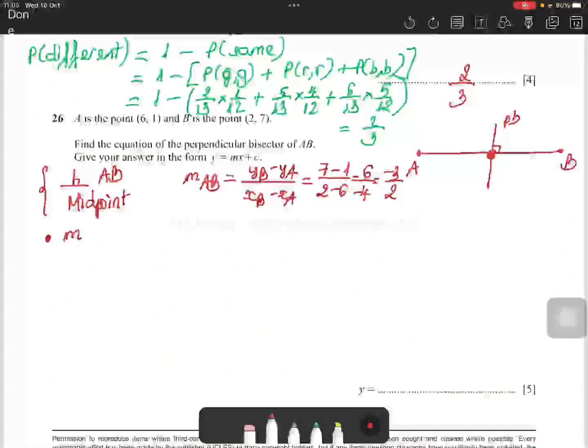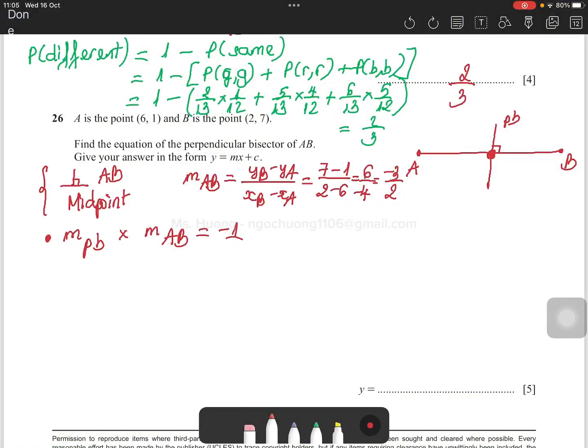So the gradient of this perpendicular bisector multiplied by the gradient of AB is equal to negative 1. So to find the gradient of the perpendicular bisector, we need to divide negative 1 by the gradient of AB, which means negative 1 divided by negative 3 over 2. So the answer is 2/3.